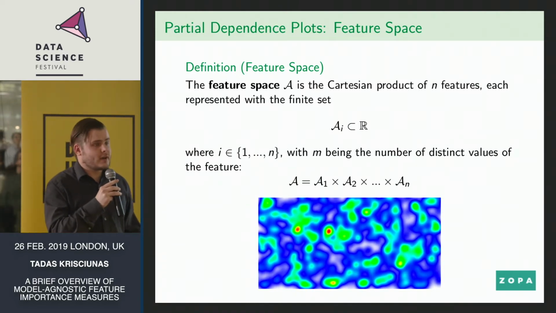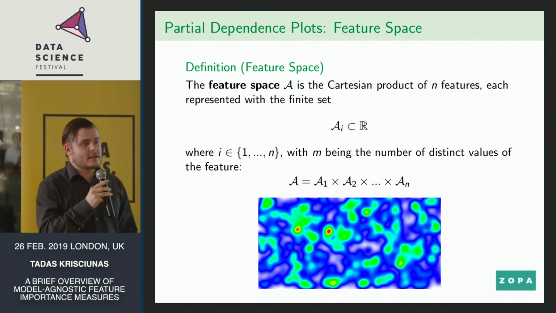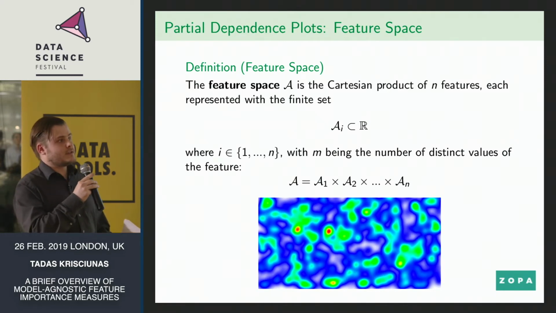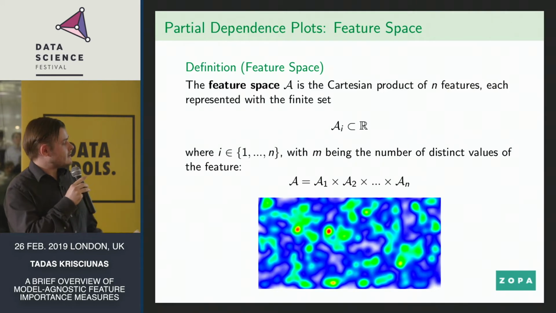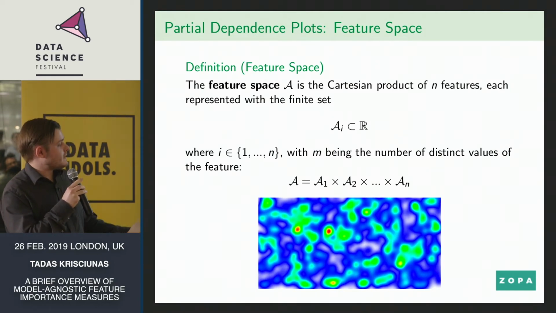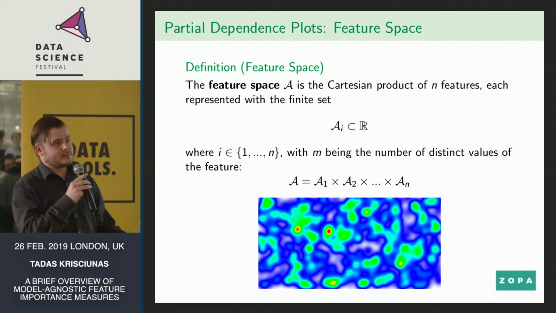So let's just define a feature space. We can consider a feature space as basically just a subset of some vector space. Effectively, as we can see in this image, in this heat map, some of the points in our space will be more likely to be observed than others.